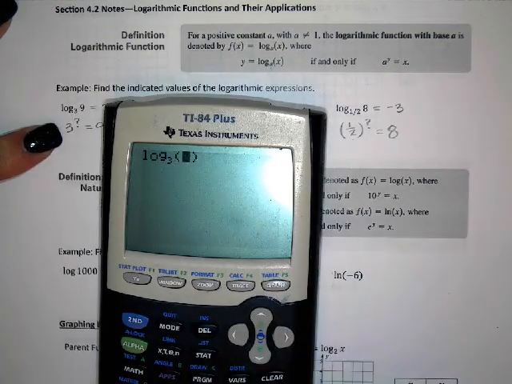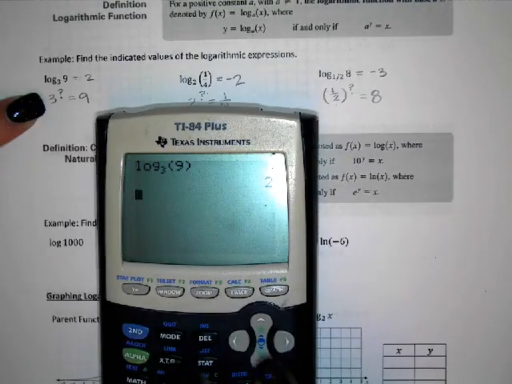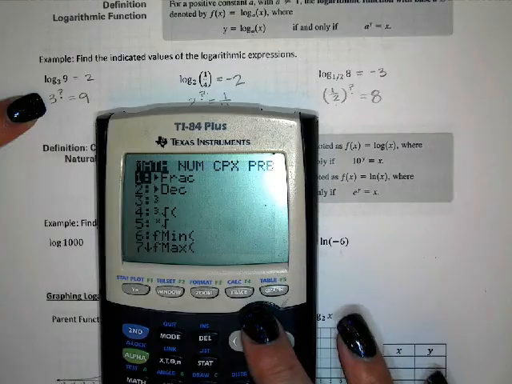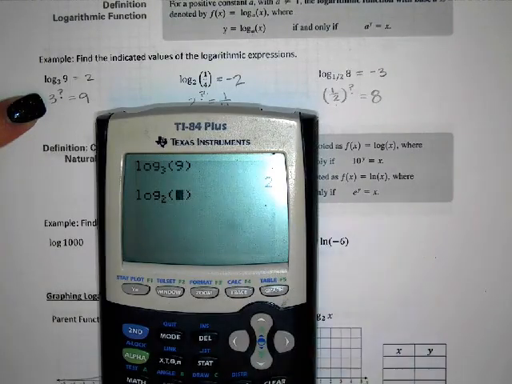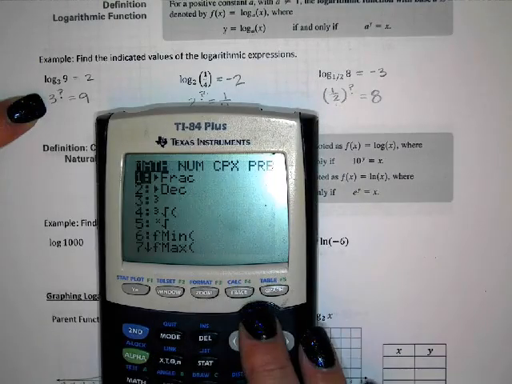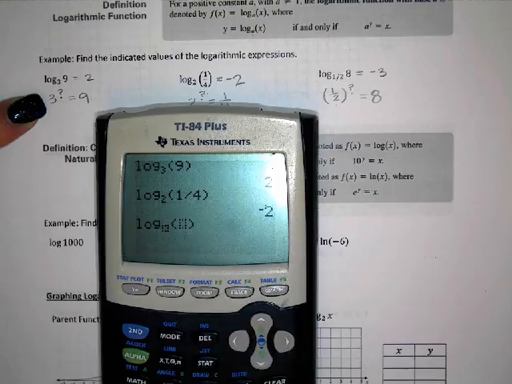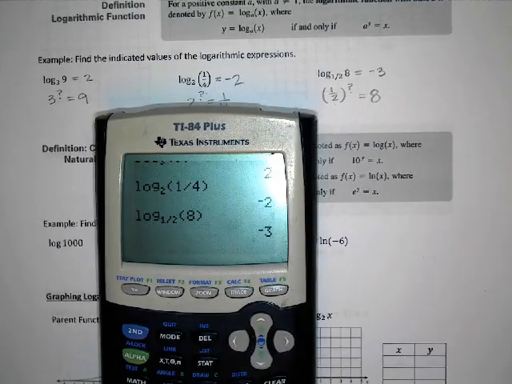Log base 3 of 9 is 2. For the next one, hit the math button, hit up, log base 2 of 1/4 is -2. Hit the math button, up, log base 1/2 of 8 is -3.